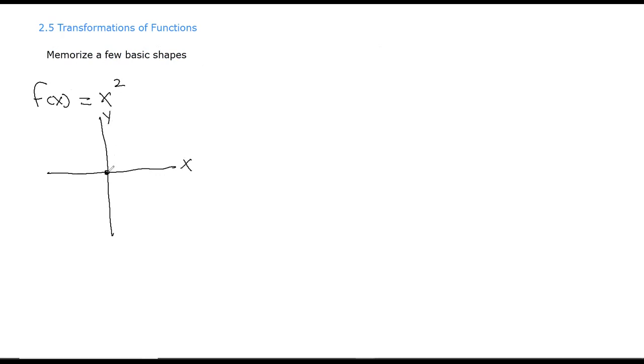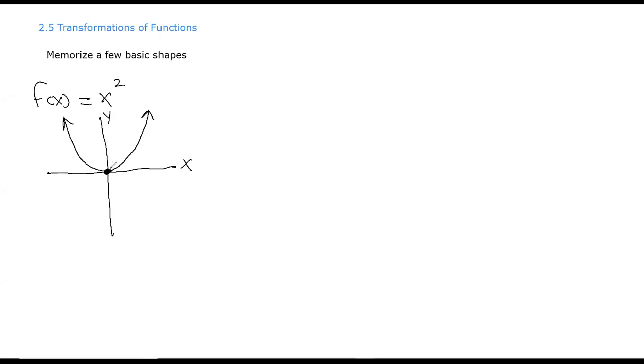This graph goes through the origin, and then it looks like a U. So we kind of start growing quicker and quicker and quicker as we move on. Like so. This is our parabola. This is our quadratic shape.